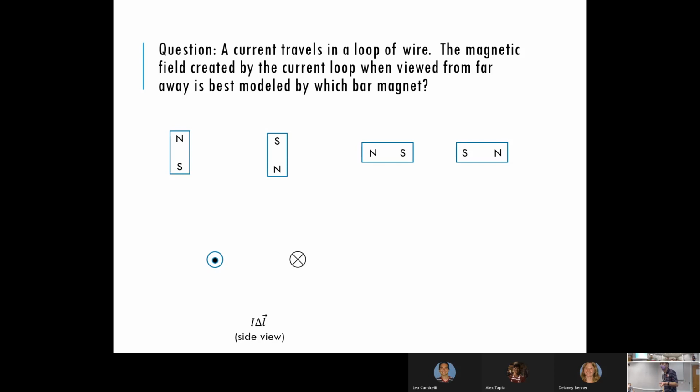You got an idea? For these cutaways that we worked on Wednesday, dot means that the current is coming out. So I run my thumb in the direction of the current, and my fingers go in the direction of the magnetic field.